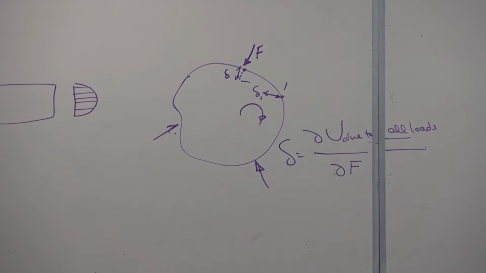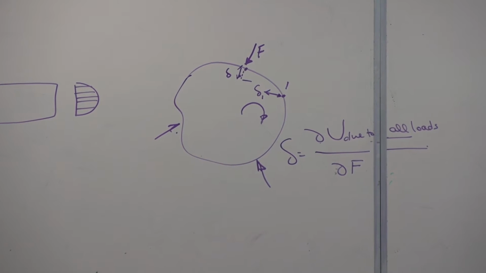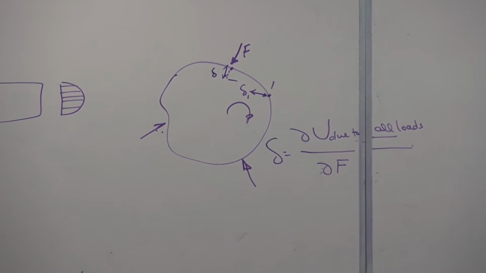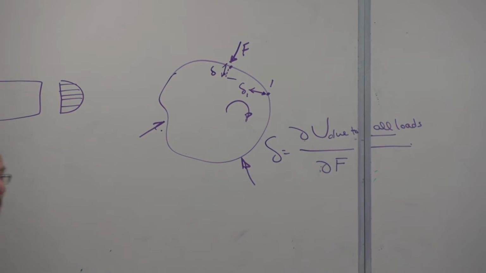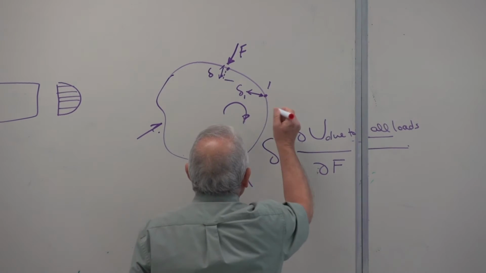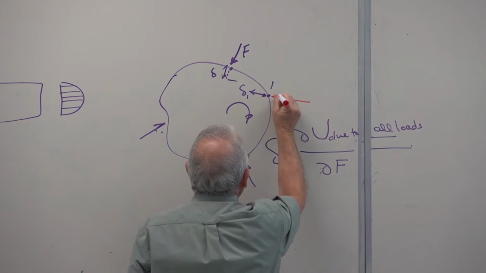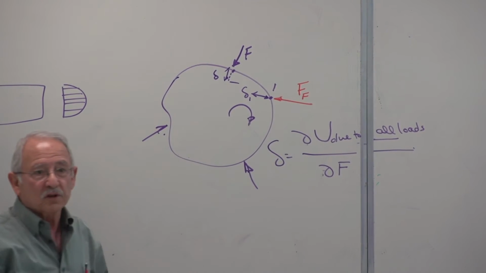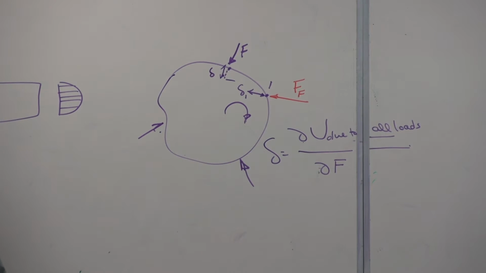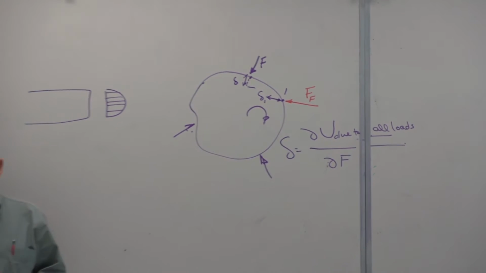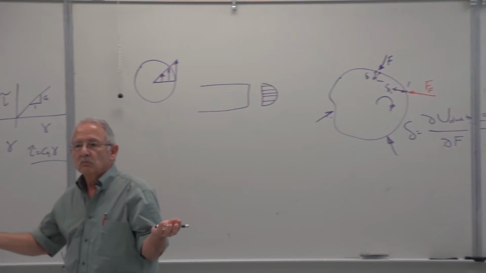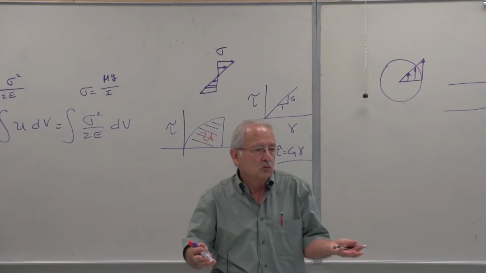In a case such as this, what we do is we introduce what is called a fictitious force, one that doesn't really exist, in the direction of interest. We treat it as though it were an applied load, except that its magnitude is not known.